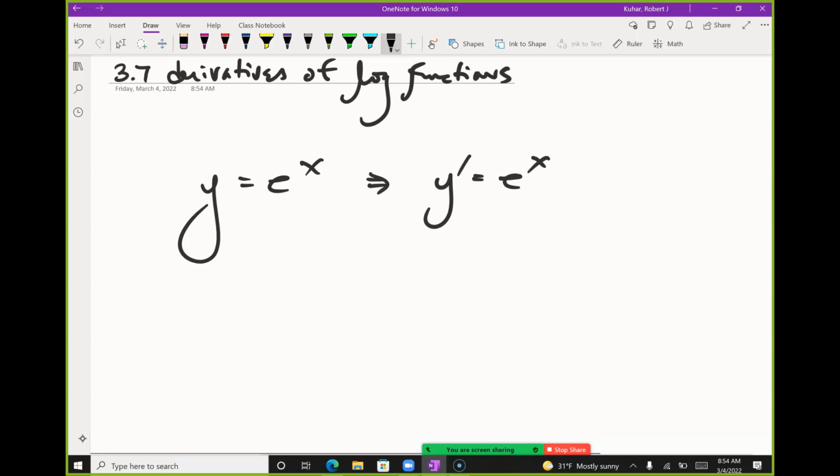But it's pretty easy to show numerically. It's even easy to show if I do the derivative as a limit and then apply L'Hopital's rule. Okay, so it's very easy to show it.